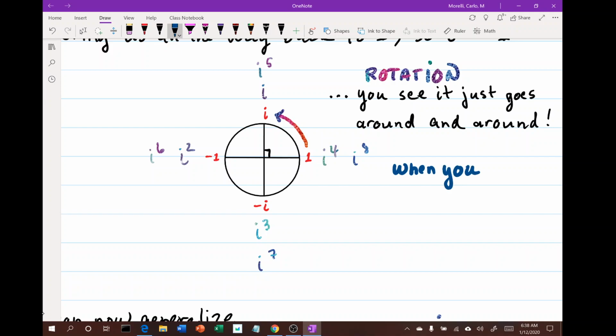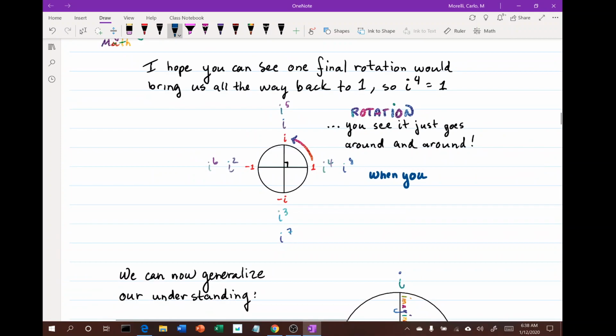Let me zoom out. When you multiply by i, you rotate 90 degrees counterclockwise.